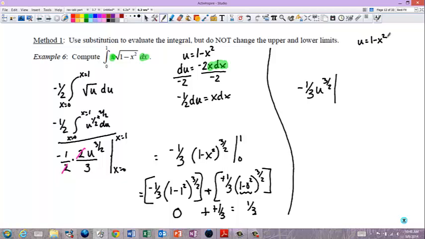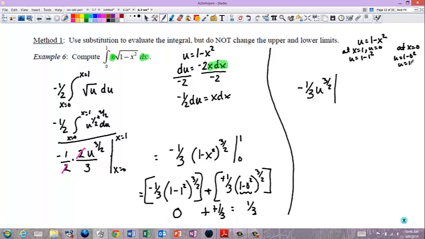So the x equals 1 and the x equals 0, I could have turned into u's. At x equals 1, u is 1 minus 1 squared, so u is 0. And at x equals 0, u is 1 minus 0 squared, so u is 1.